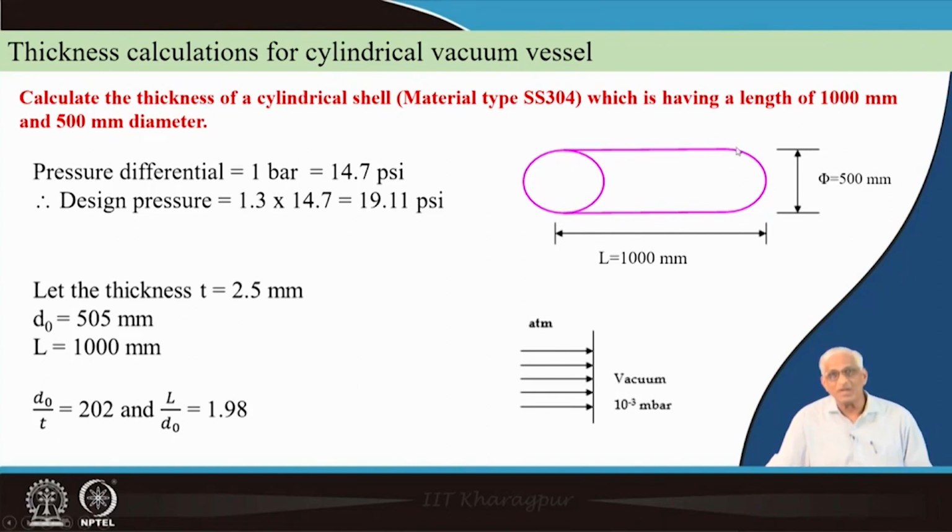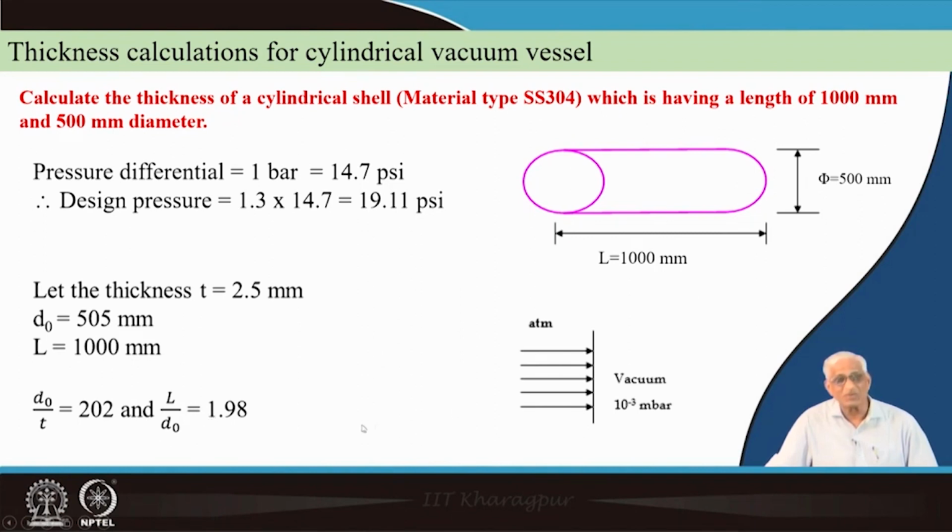So, what will be the outer diameter? 500 millimeter plus 2.5 plus 2.5, it will be 505 millimeter, with which we will make the dimensionless parameters D naught by T and L by D naught. D naught by T is outer diameter by thickness, with the guessed thickness, and L by D naught is the L by D ratio of that chamber.